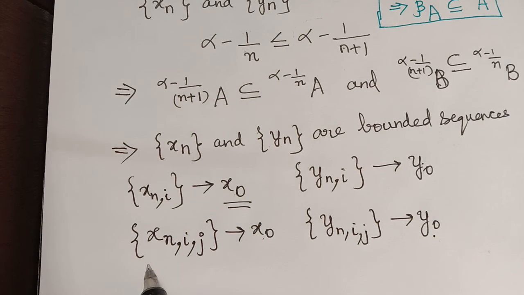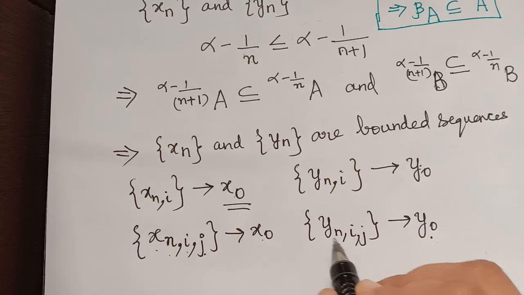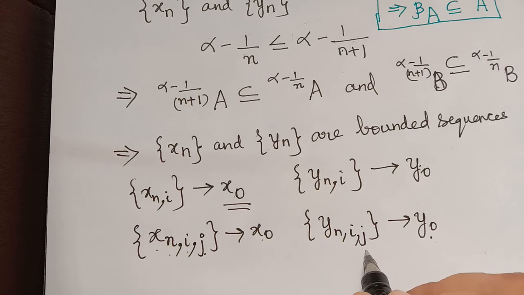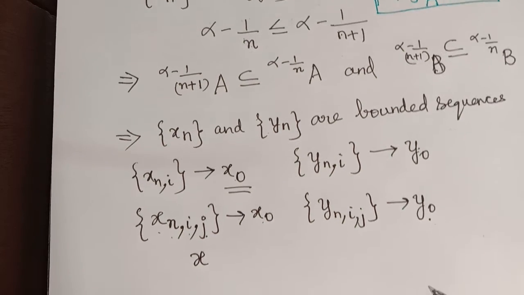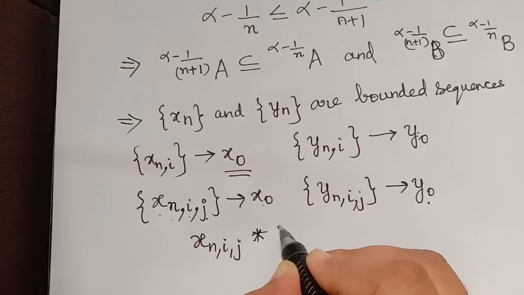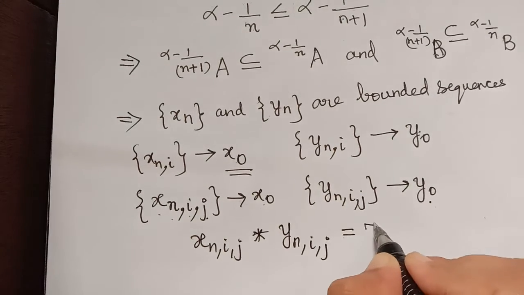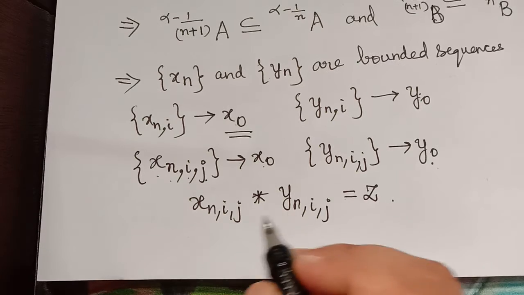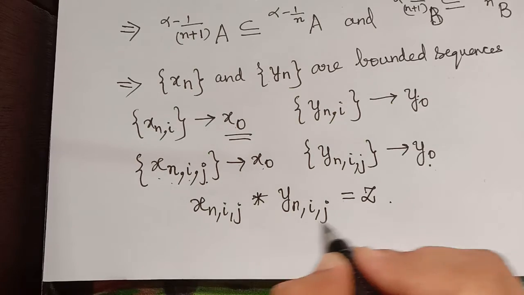Finally we arrive at two sequences xn,i,j and yn,i,j which converge to x0 and y0 respectively, and xn,i,j star yn,i,j will be equal to z. Now in this we shall apply a limit for z, as j tends to infinity.